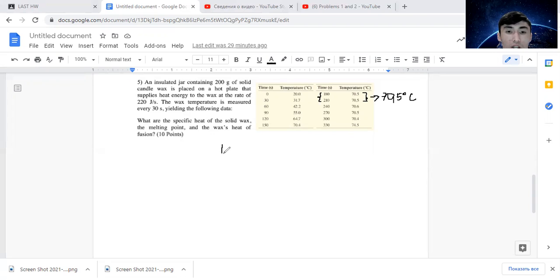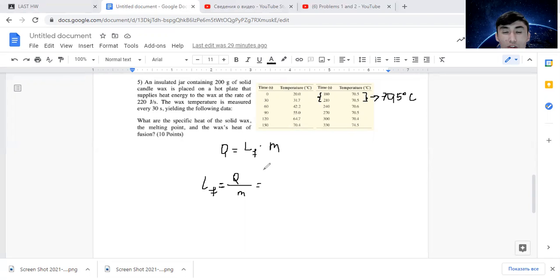So we found the melting point, and we need to find the wax's heat of fusion. Heat of fusion, we can find it by this formula: Q equals L fusion times mass, right? So L fusion equal to Q over mass. Q is the heat when the solid starts to melt.